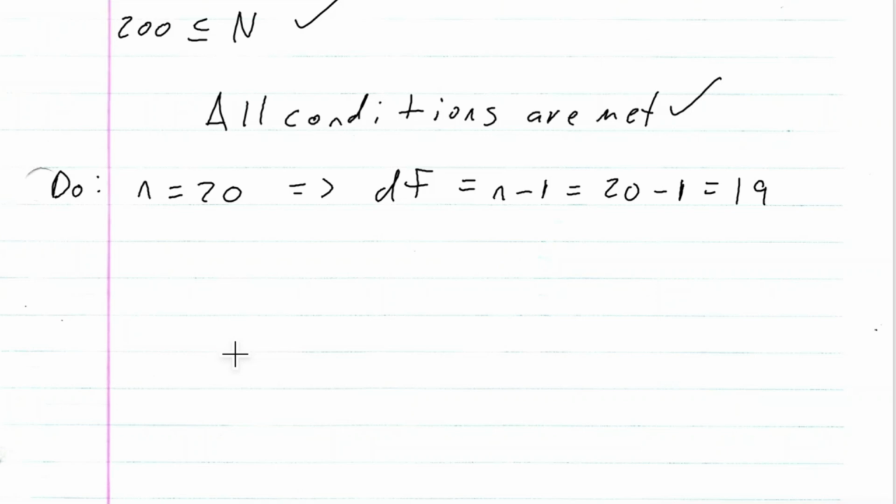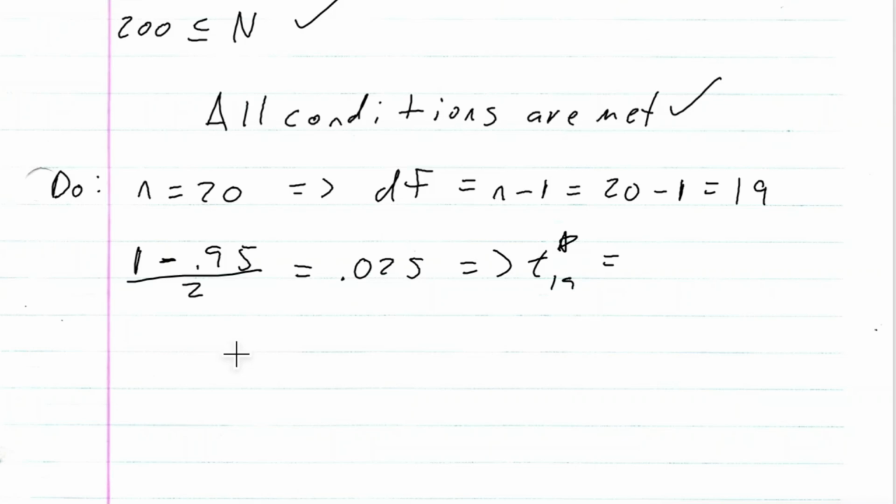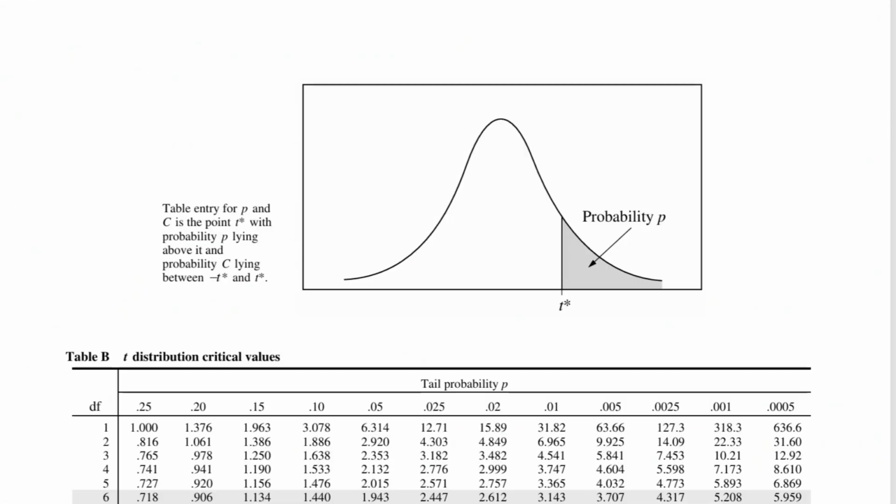Right now, this is going to be a two-tailed t-test. So it's 1 minus 0.95 over 2, which is equal to 0.025. Our critical value, t star of 19, we have to go to our table.